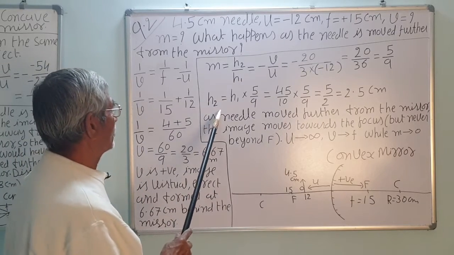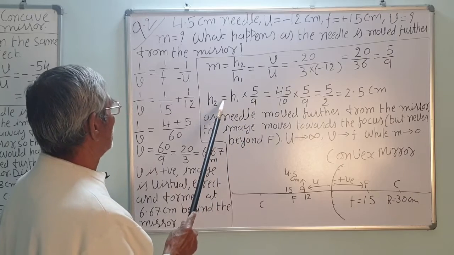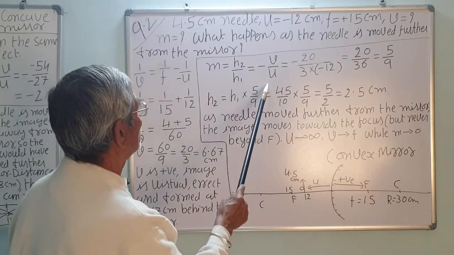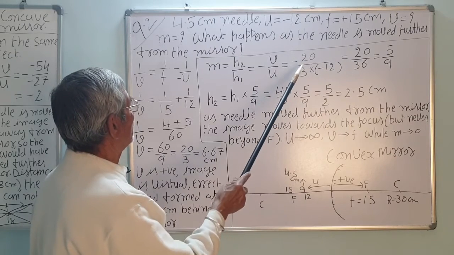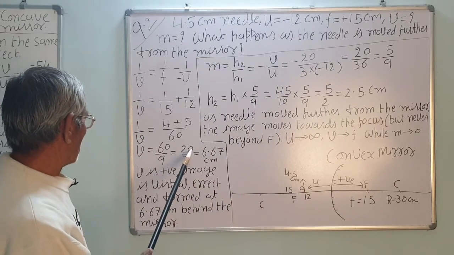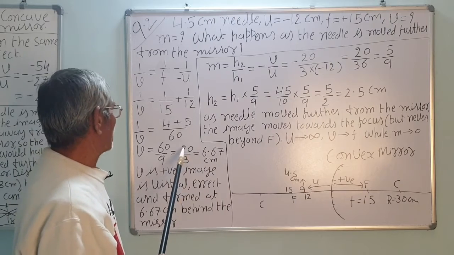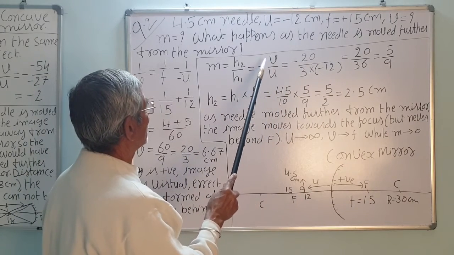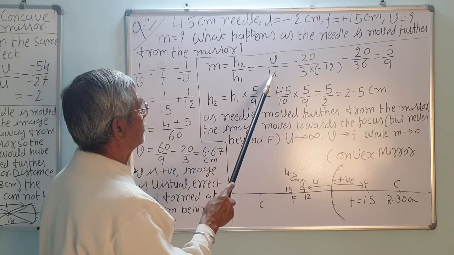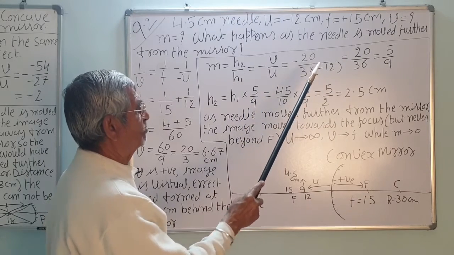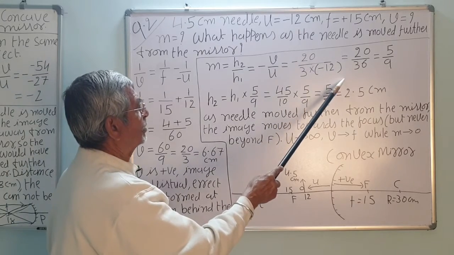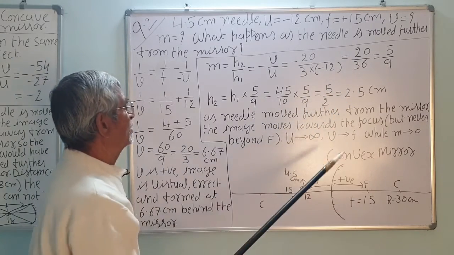So size of the image will be H2 upon H1 is minus V by U, and V is 20 by 3, that is correct. V is plus, but this is minus sign, you remember, and U is minus 12, correct. So that is equal to 20 upon 36, that is 5 by 9.